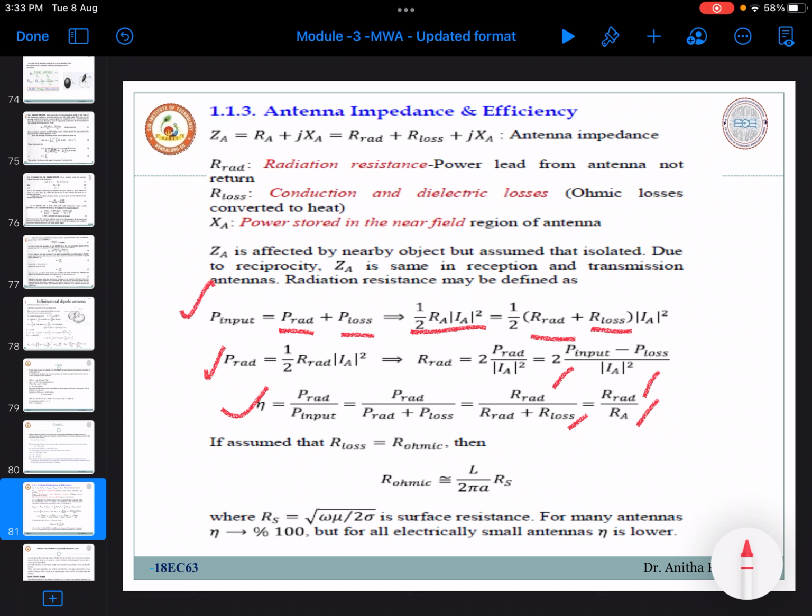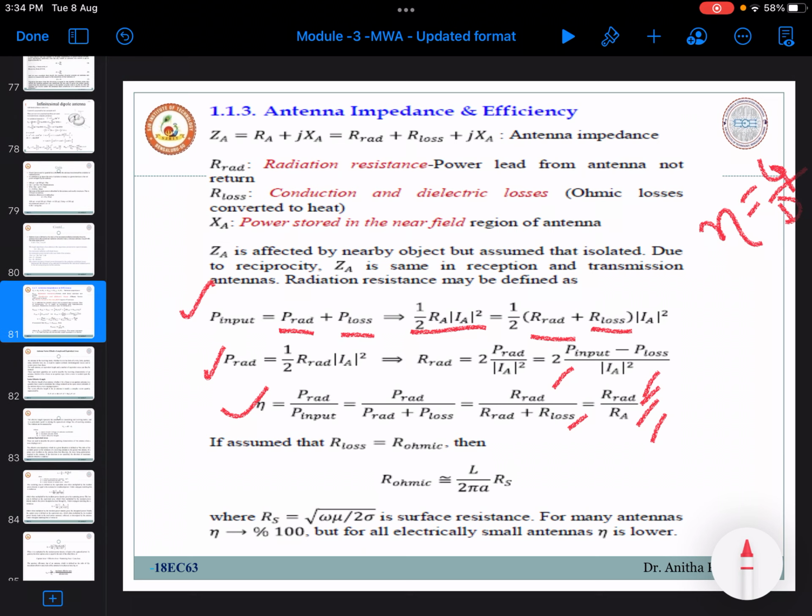So you can evaluate the efficiency in two different ways. One is, if you know gain and directivity, efficiency is gain by directivity, and if you know radiation resistance and the input resistance, efficiency is radiation resistance to total resistance.